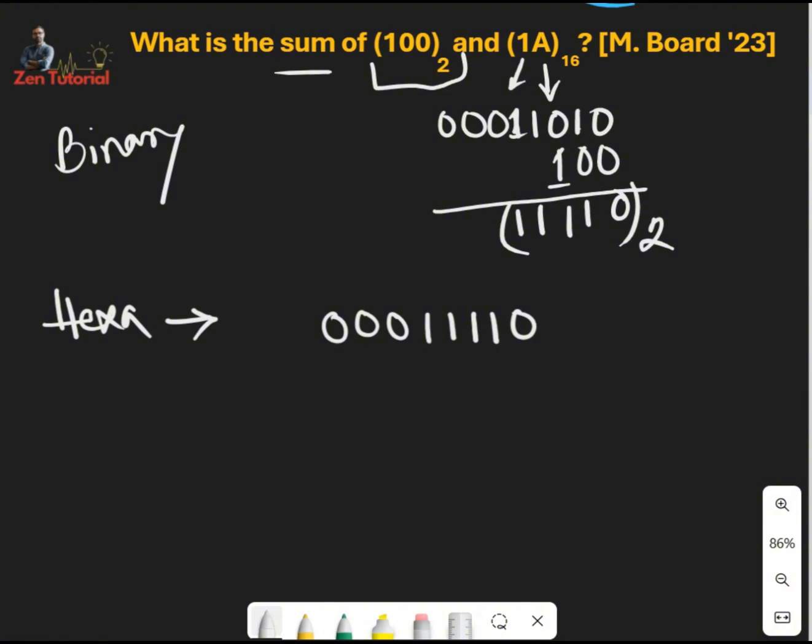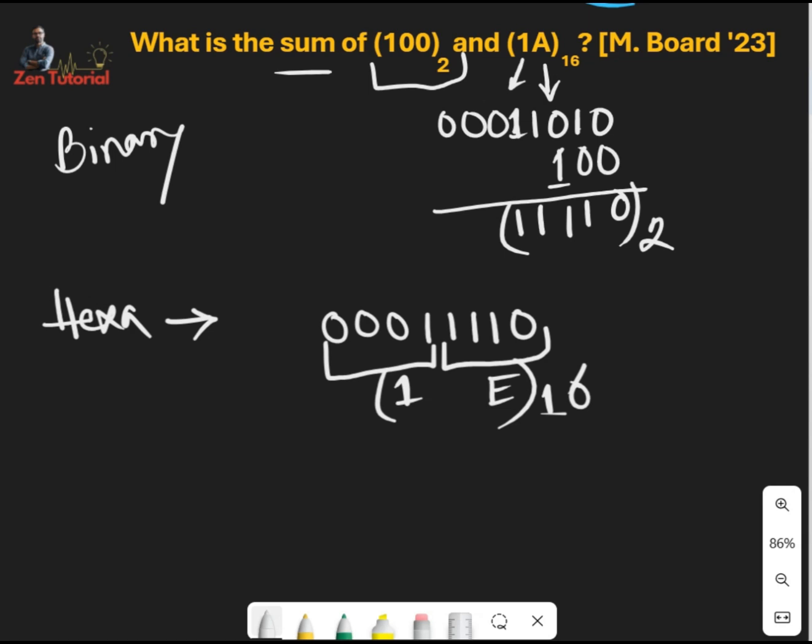For hexadecimal, obviously 4 bits each for the hexadecimal number. So 1110 represents actually E, and 0001 represents 1. So this is actually the hexadecimal number. I mean the sum of these two numbers in hexadecimal is 1E.